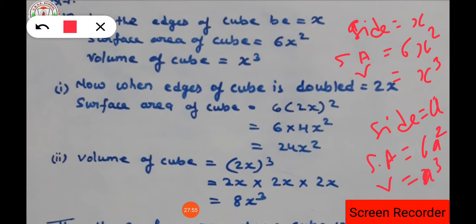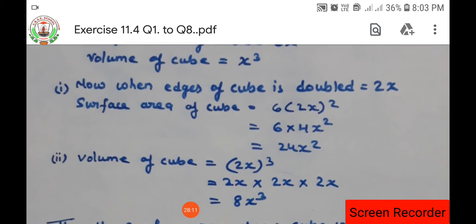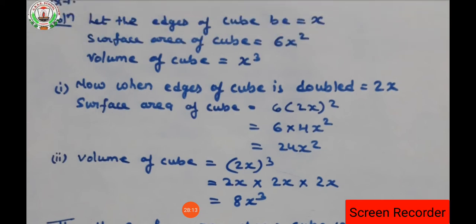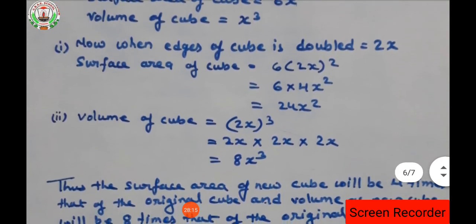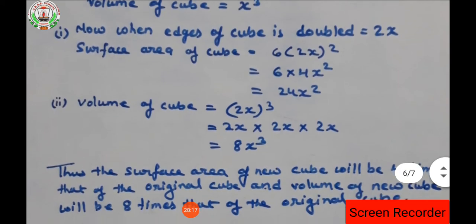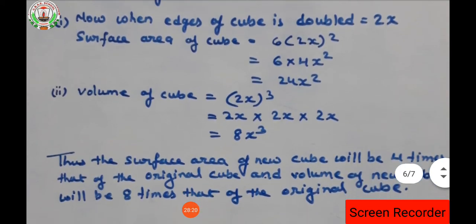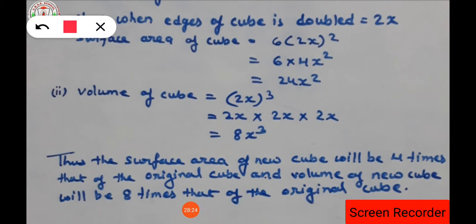Now in the question it is said that if the edge of the cube is doubled, then what will be the effect on the surface area as well as on the volume?